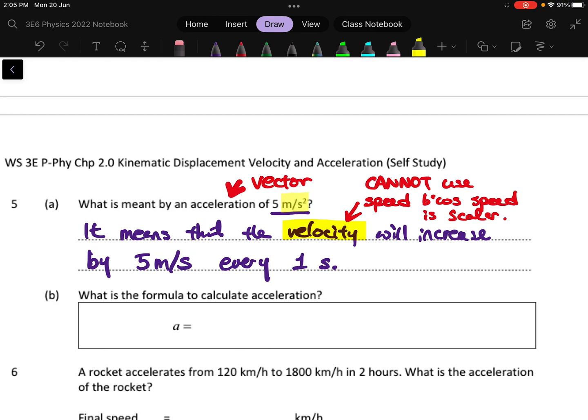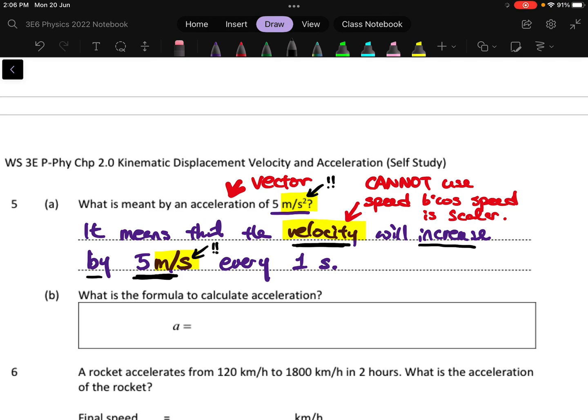The next thing that I want you to pay attention to is that, do you notice that the unit here is meter per second square, but I use meter per second here, right? There is a square over here, but there is no square over here. Do you notice? Why? That is because when you are saying increase by 5, this 5 refers to velocity, and velocity has a unit of meter per second, not meter per second square, right?